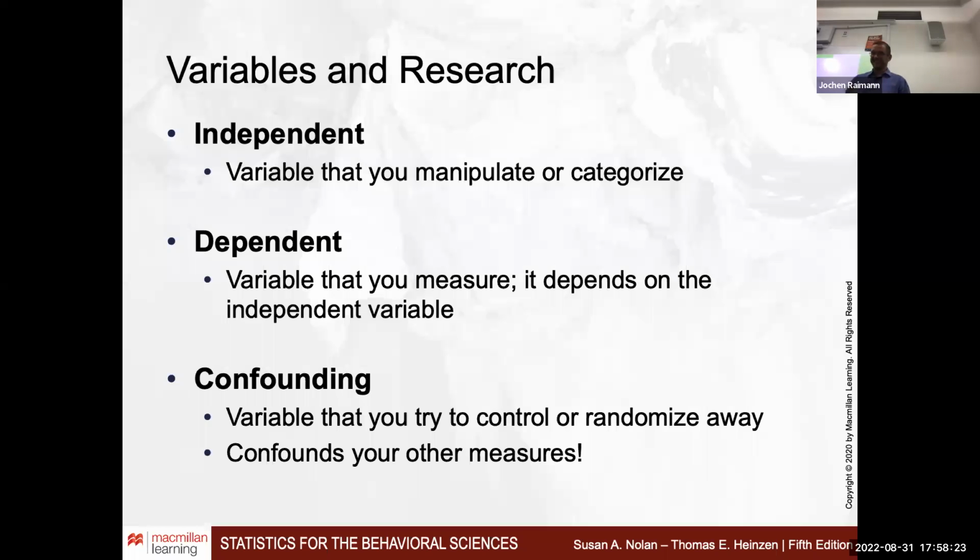Yeah, I see your question. I don't understand the confounding variable. So the confounding variable is a variable that affects that pathway. And we will talk about it a little bit more when it comes to research design.